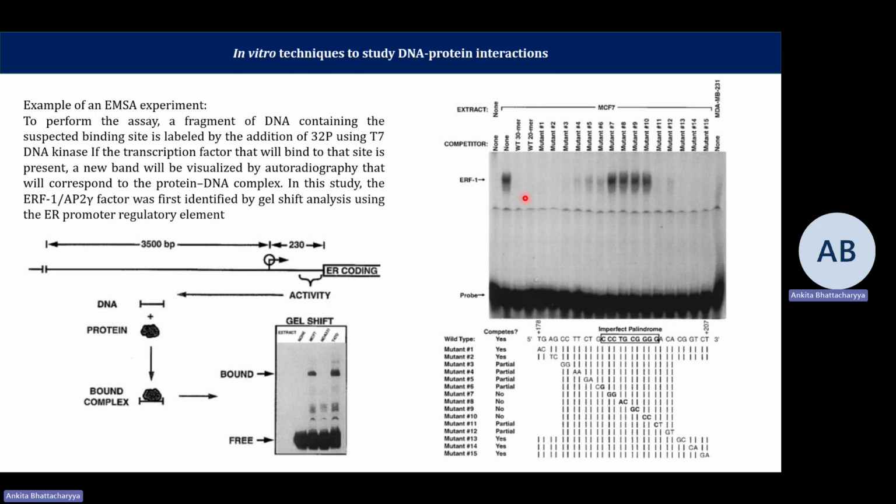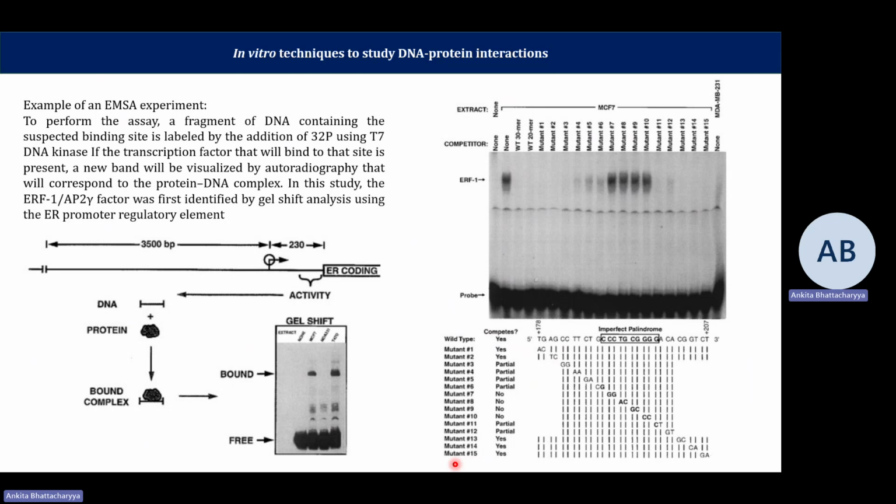Now, a range of different mutants are taken, where two bases at a time are mutated within this particular DNA sequence, and then the loss of binding is observed with the addition of this competitor. When you look at these three or four mutants, you can see that there is partial blockage or partial competition by these mutant sequences.